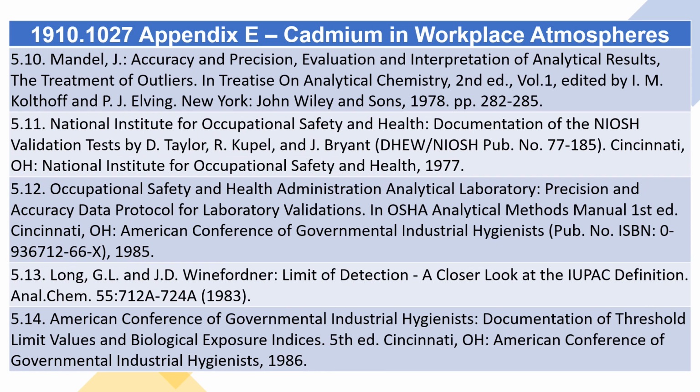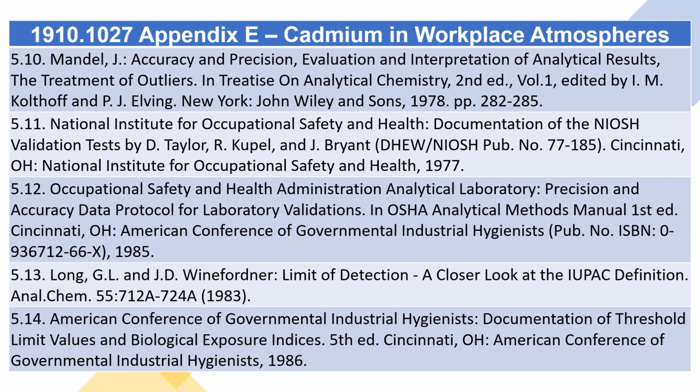5.10. Mandel, J. Accuracy and Precision, Evaluation and Interpretation of Analytical Results, The Treatment of Outliers. In Treatise on Analytical Chemistry, 2nd edition, Volume 1, edited by I. M. Kolthoff and P. J. Elving. New York, John Wiley & Sons, 1978. Pages 282 to 285. 5.11.